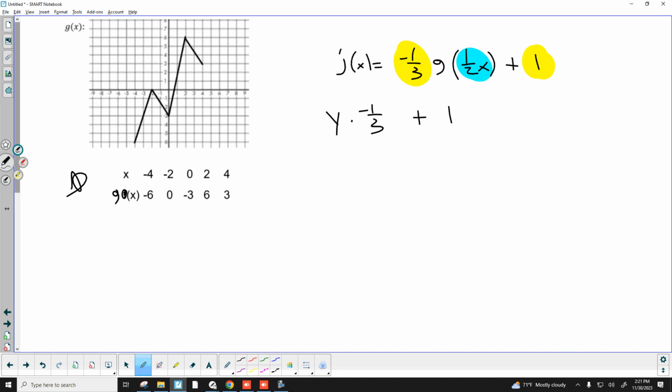Let me show you how to do that. Take 6 times negative 1/3 becomes positive 2. Add 1 becomes positive 3. My first j coordinate is going to be 3.